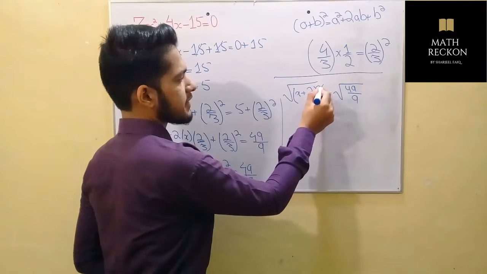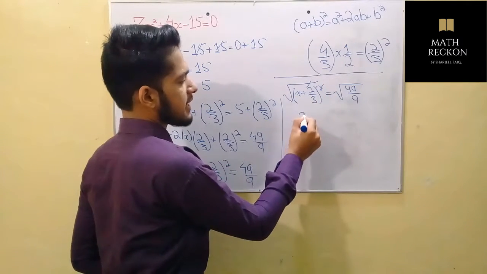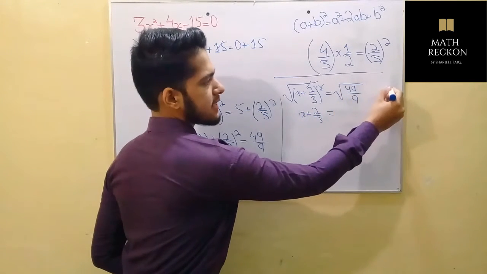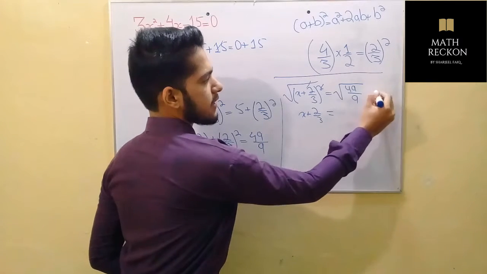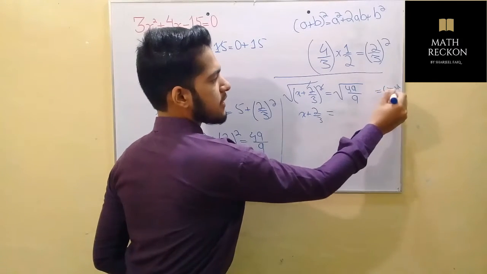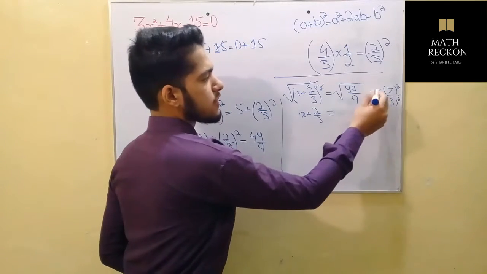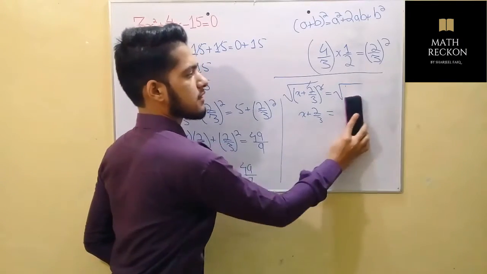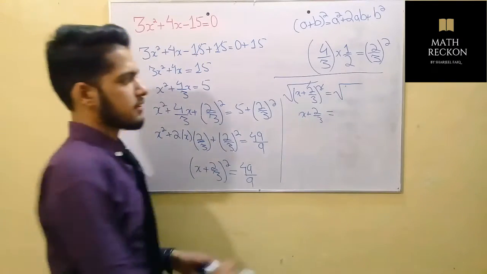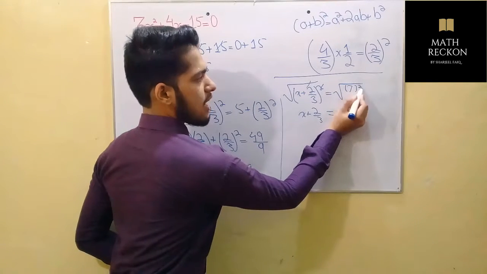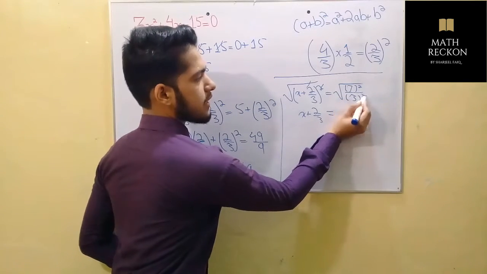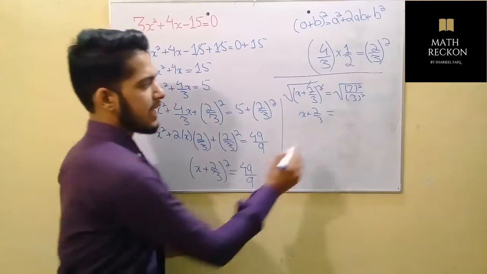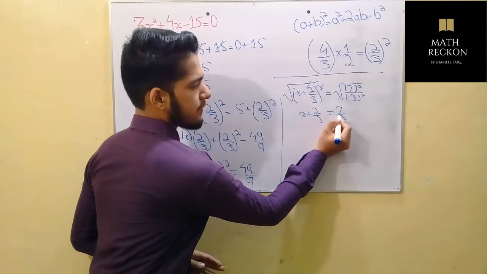So here the root and square will cancel out each other, and we will have x plus 2 upon 3 equals, these two terms can be written like 7 the whole square upon 3 the whole square. And now these two squares will cancel out the root, and we will have 7 upon 3 here.